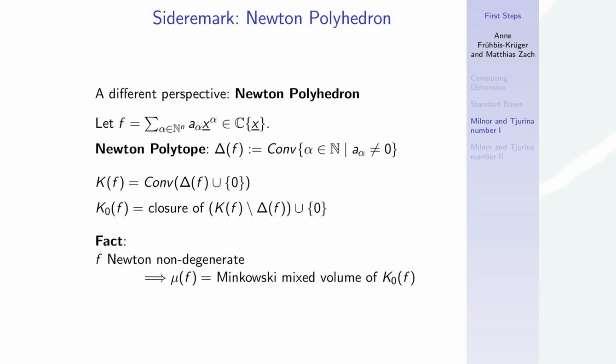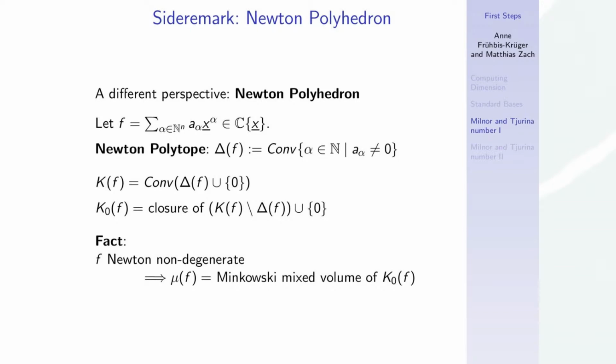Now, you form the union of that polytope with 0 and take again the convex hull. That gives you a new object, K of F, and then you take away the polytope from above from that new one and take the closure of it. Then you get K0.